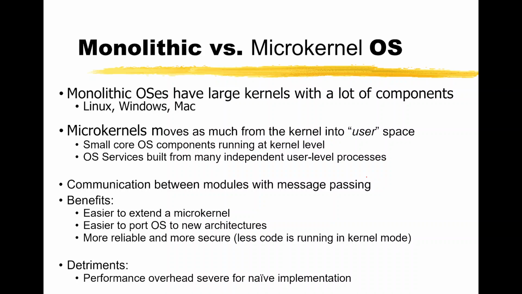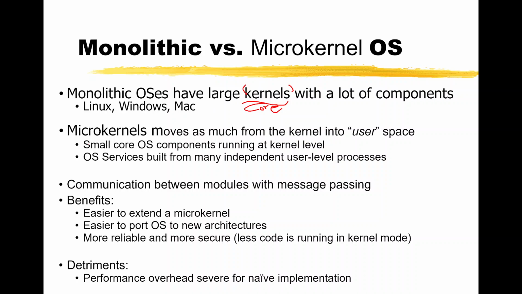Now remember that the kernel is the core of the operating system, and it contains memory management, file management, process management, synchronization management. All the management is in the kernel. So for a monolithic system, it means that everything is inside that kernel.